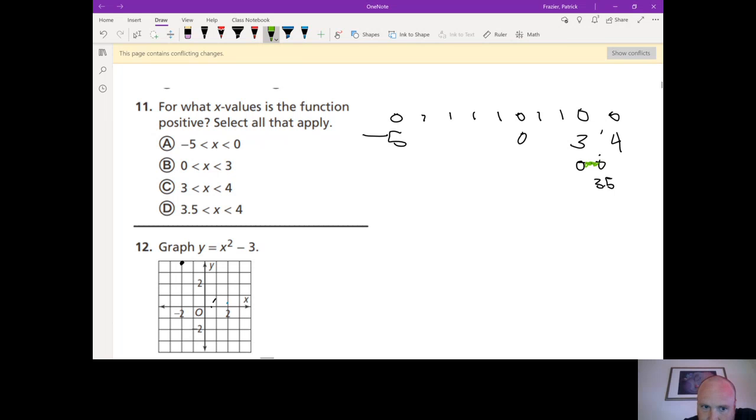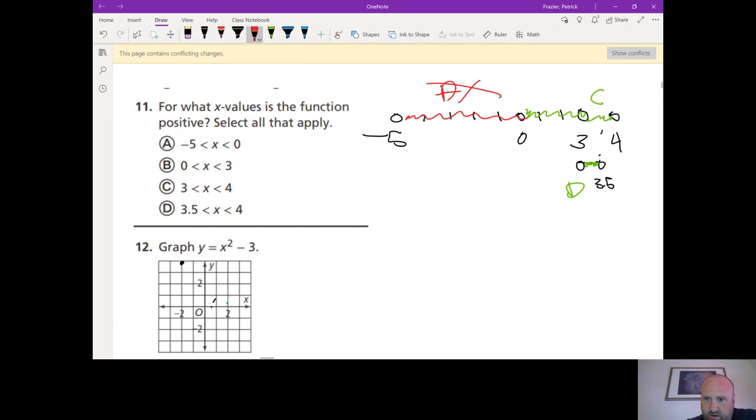See, between 3 and 4 for D, that's positive. Between 3 and 4 for C, that's positive. For B, which is between 0 and 3, that's positive. The only thing that's really negative is between negative 5 and 0.